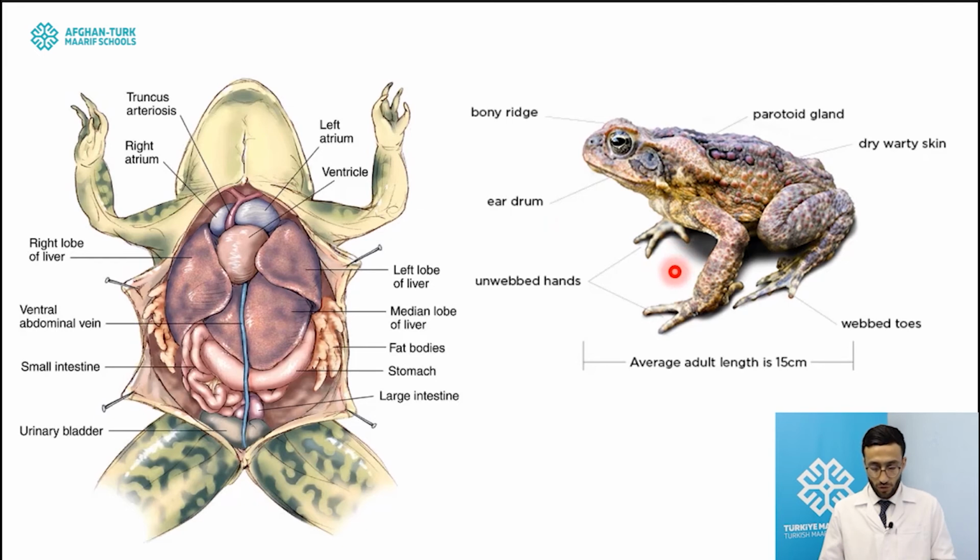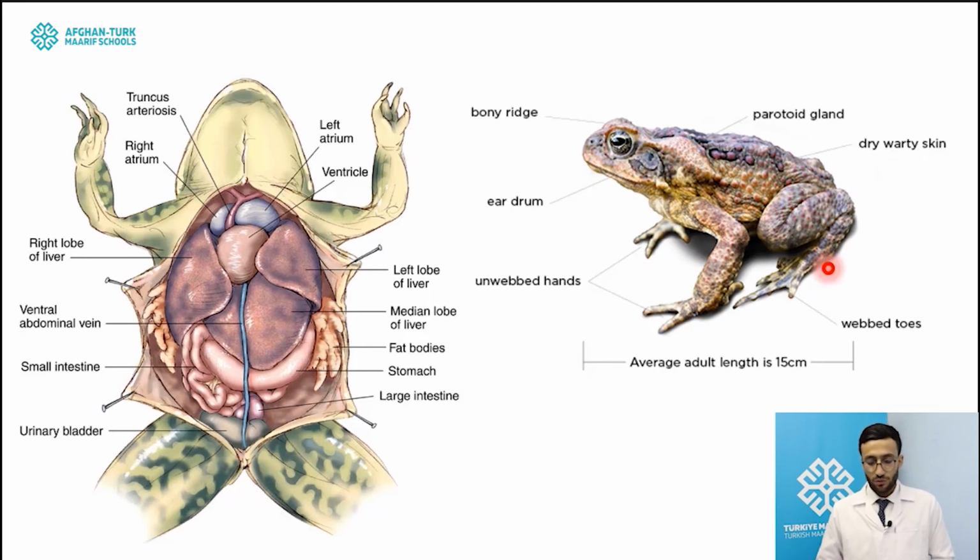At their anterior part, they have two unwebbed hands in order to catch prey or hold themselves in place. On their back, they possess a parotoid gland that produces mucus that surrounds the skin. They also have some important proteins that change their structure into dry, watery skin or tough projections that help the animal protect itself against predators.